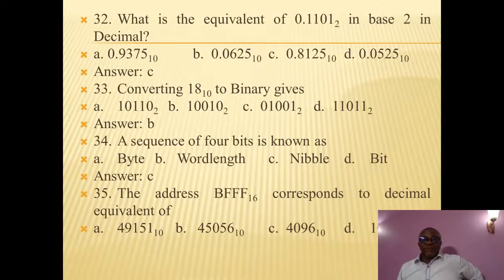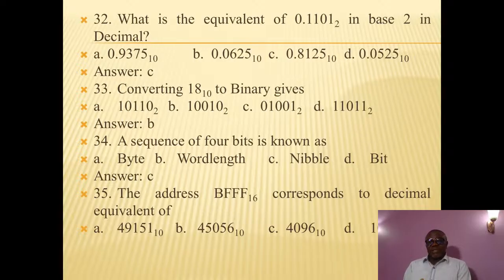So how to find it? You say F is 15 in base 16. You start from the least significant figure, the least significant digit, which is the one to your right. That is the first F to your right there. So that F is 15.